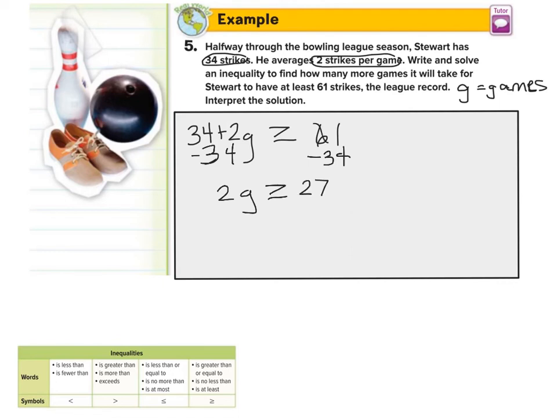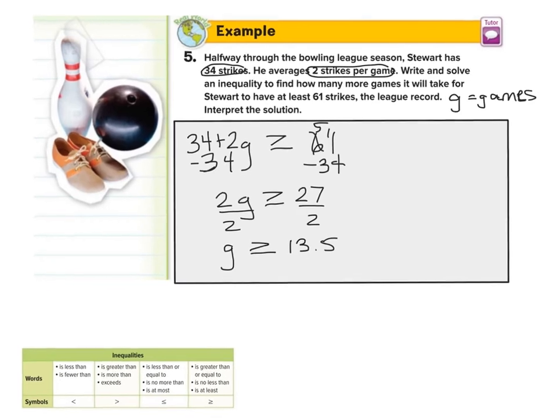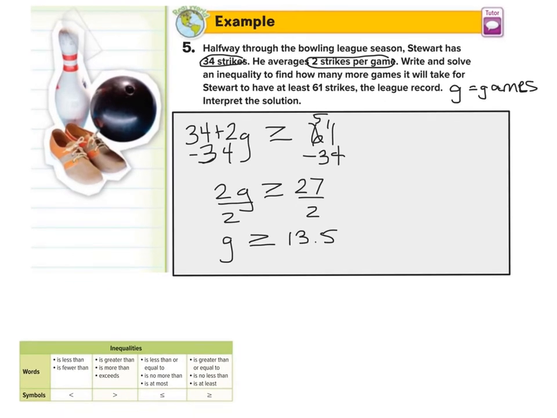Just going to check to make sure that's right. 11 minus 4 is 7. 5 minus 3 is 2. Okay. Divide by 2 on both sides. g equals 27 divided by 2, which is 13.5. So the number of games is greater than or equal to 13.5.